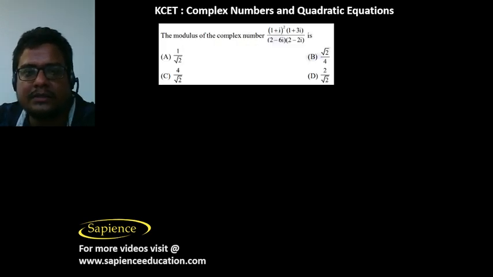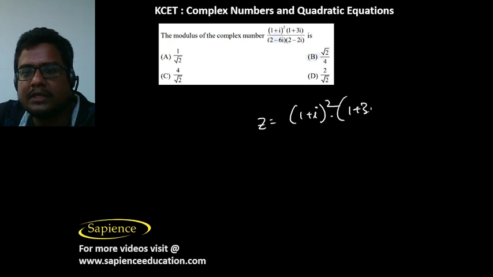Then we have to find the modulus of this complex number. So this is z equal to (1 plus i) whole square into (1 plus 3i) divided by (2 minus 6i) into (2 minus 2i).